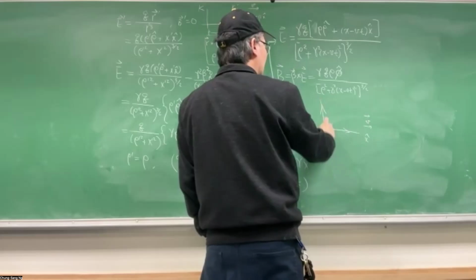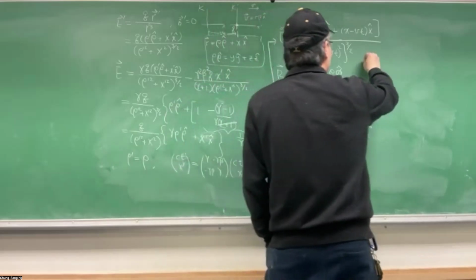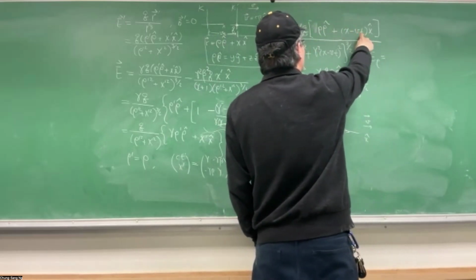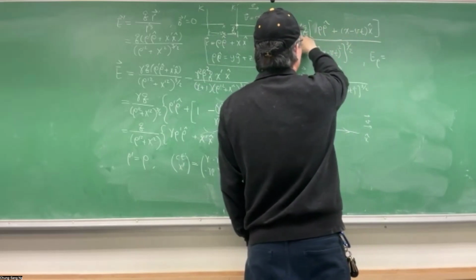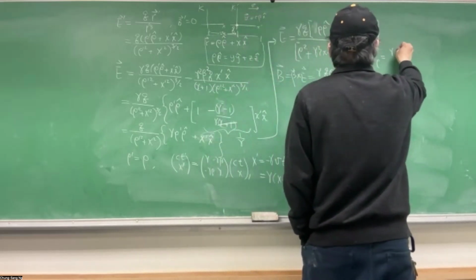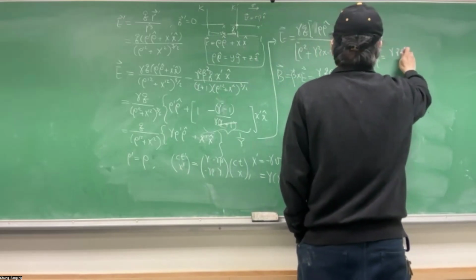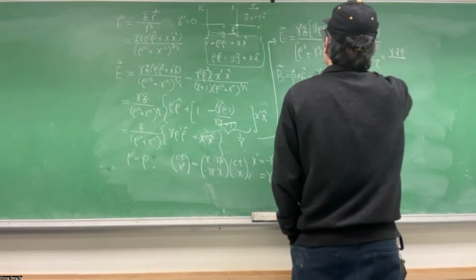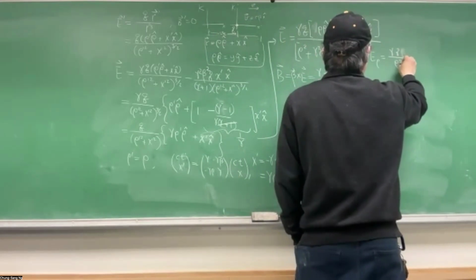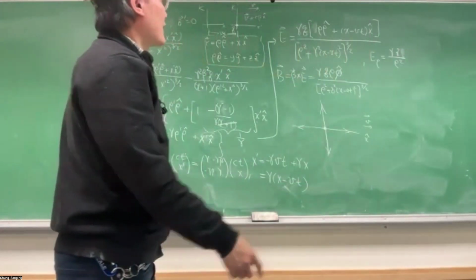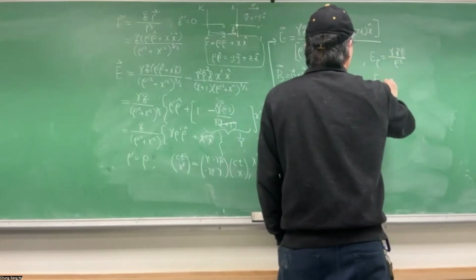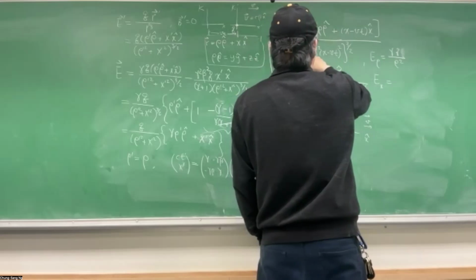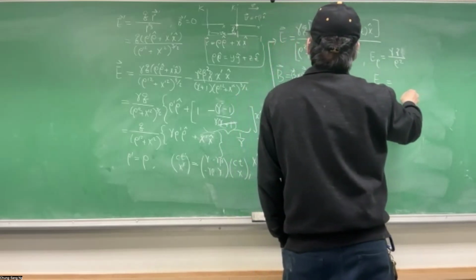For the perpendicular intensity, E sub rho, set x equal to vt, so this is 0, this is 0. The magnitude is gamma rho divided by rho squared to the 3/2 power. So there's a gamma factor in here. But for E sub x, the parallel one, set rho to 0, so this is 0, this is 0. And there's a gamma square in here.